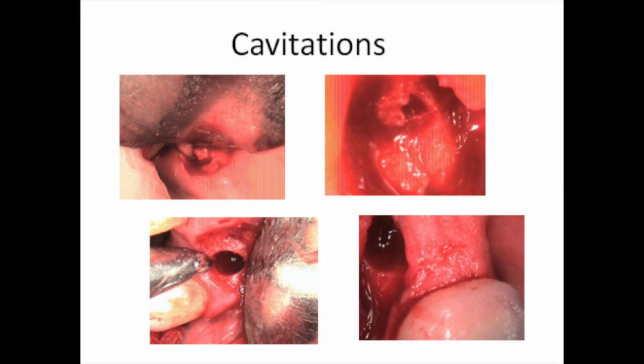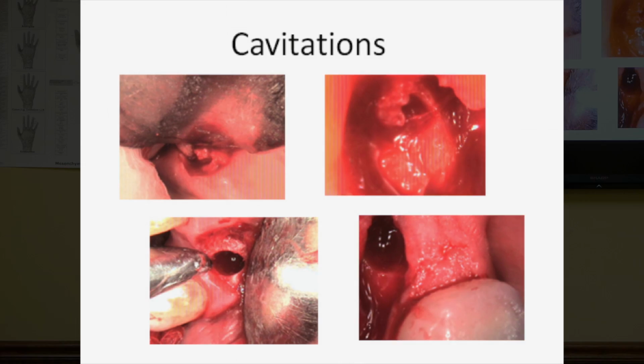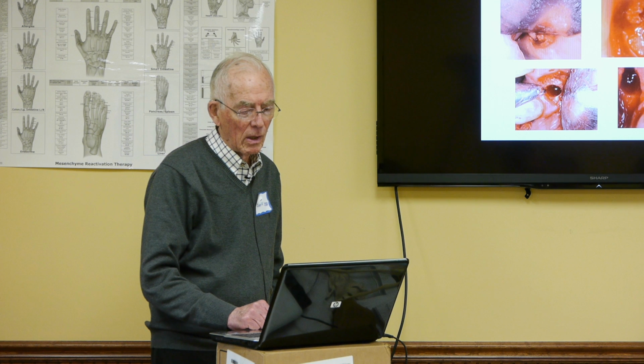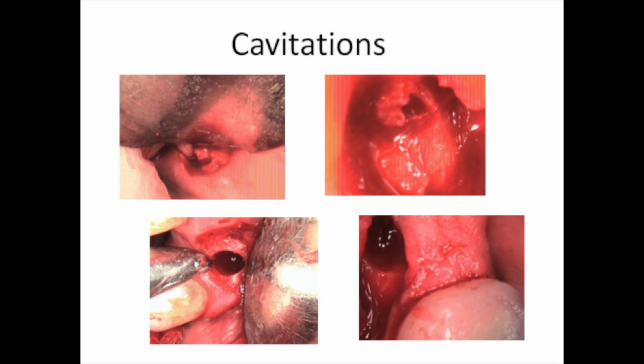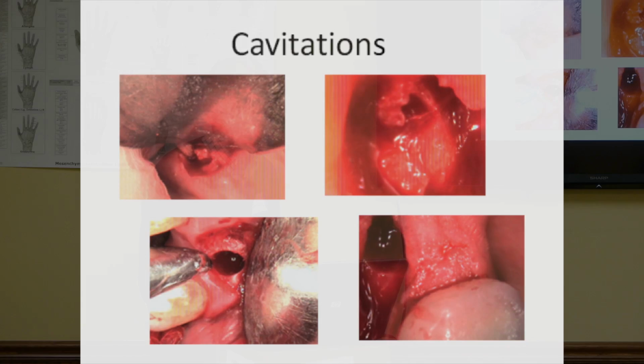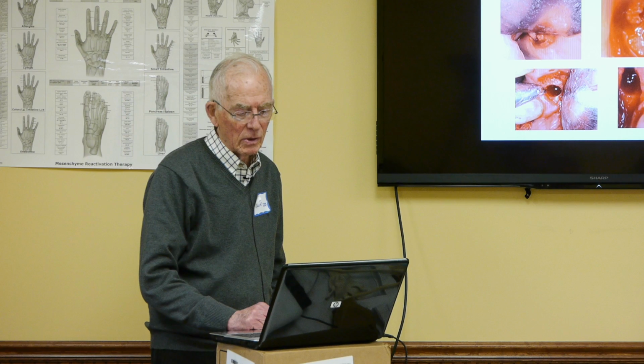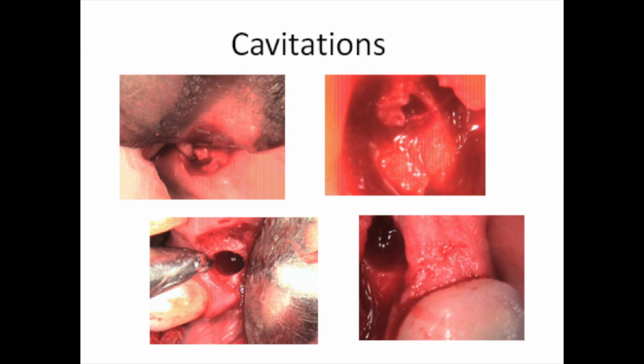This is the way we do our cavitations and take out a biopsy. The upper left-hand one is cutting a bone and taking that out and sending it in to the pathologist. But you can see how large the cavitation became as we remove the infection.